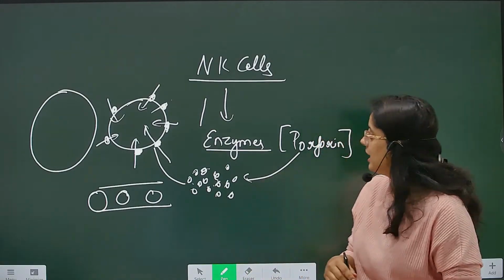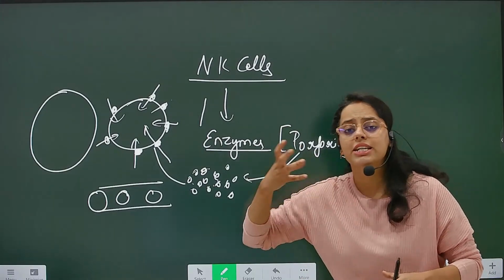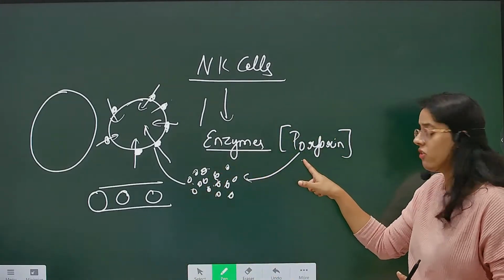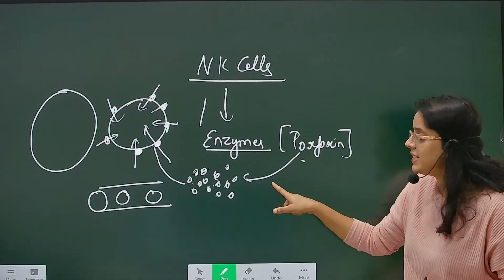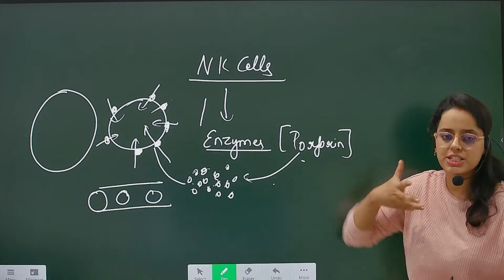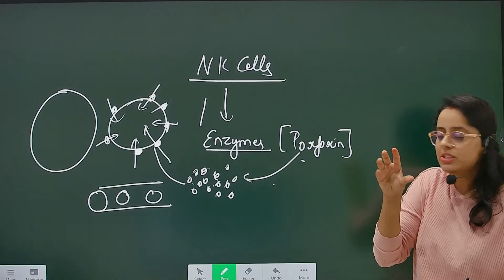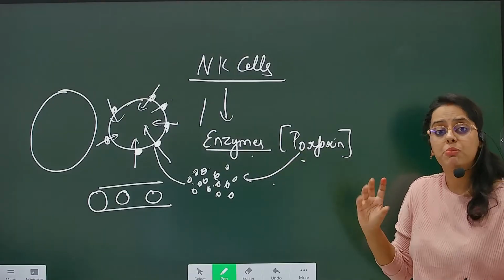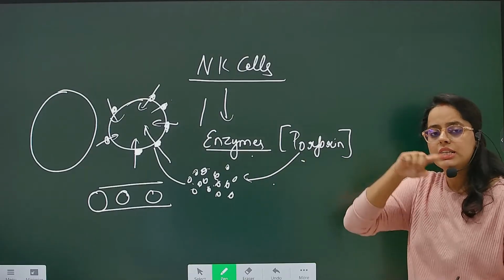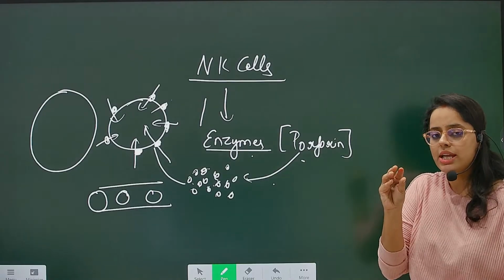So basically the NK cell is not engulfing the bacteria, it is secreting certain chemicals. This is porphyrin. This porphyrin binds with the plasma membrane, and brings changes in the plasma membrane. What are the changes? They increase the size of the pores. Certain times these enzymes break down the proteins also. As a result, the cell membrane has large pores. Now the small pore is enlarged.